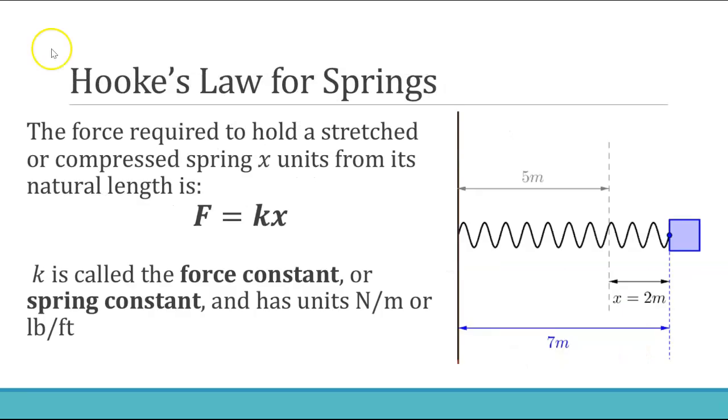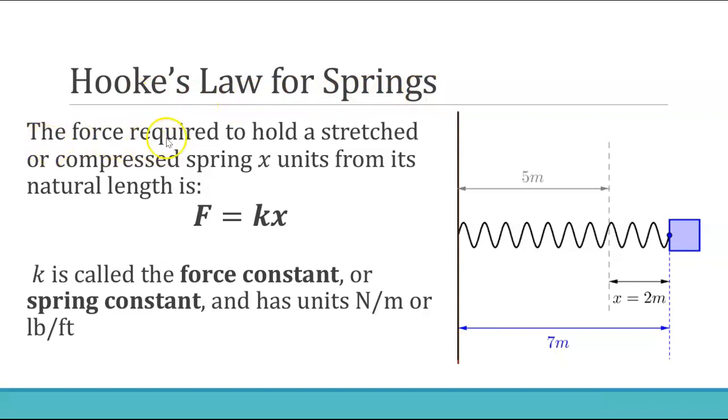Our next example is going to be asking us to find the work done in stretching a spring a certain distance. So in general, a spring lies at some natural length, and then a force is required to either stretch or compress that spring. So let's go ahead and take a look at Hooke's law for springs.